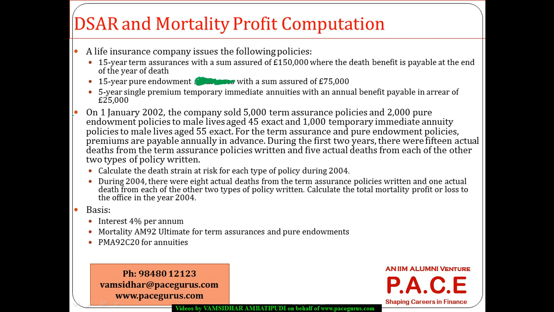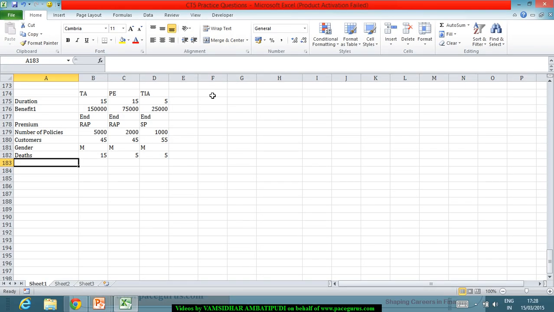Calculate the death strain at risk for each type of policy during 2004. This is what I really have to compute for 2004, and I can make a few basic assumptions.